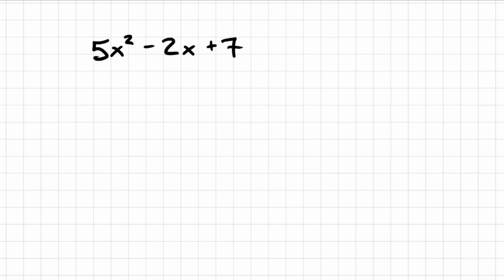Now, one of the first things it talks about is terms. It's an expression made up of terms. So what are terms? So the terms, I'm going to underline this, but it is each of these individual parts. Normally a term is something broken up by an addition or a minus sign.